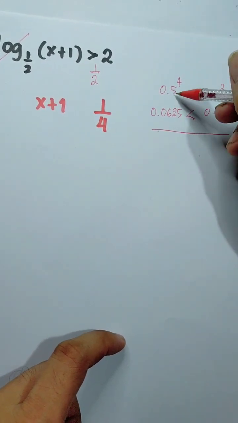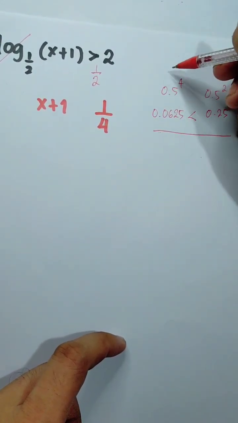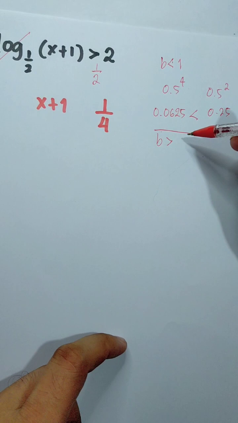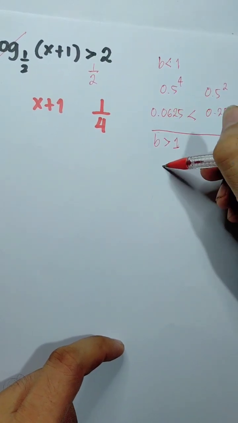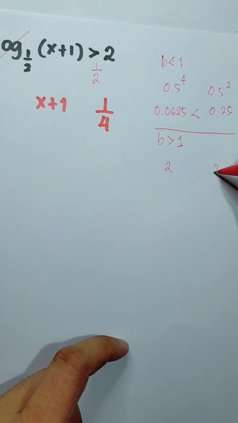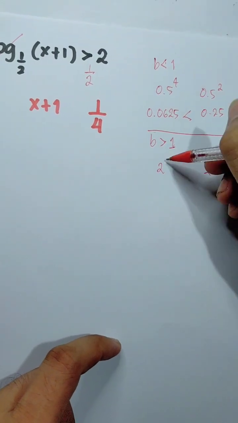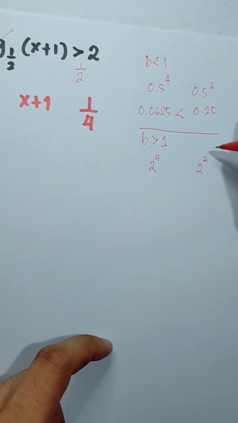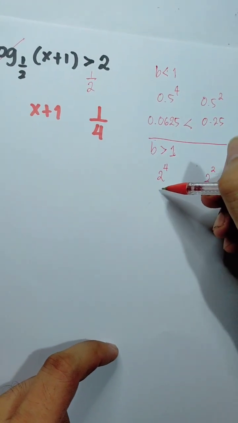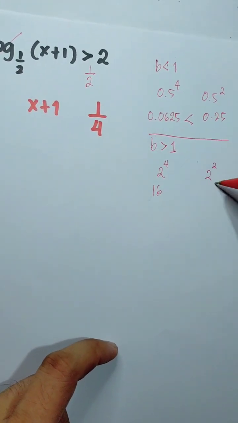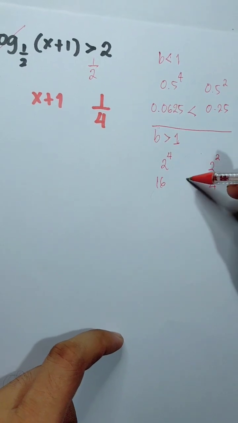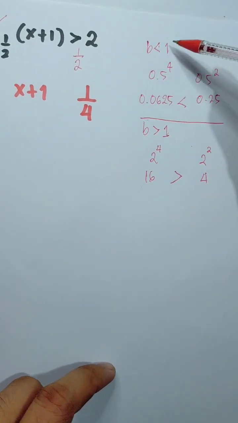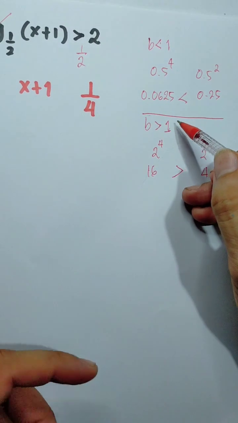In a case where our base is greater than 1, say for example 2, if we raise this to the power of 2, and this one is 4, so the exponent here is bigger, this one is smaller, so the result here will be 16, and this one will be 4. So the one with a bigger exponent will yield the bigger value. So that's the difference if your base is less than 1 and base is greater than 1.